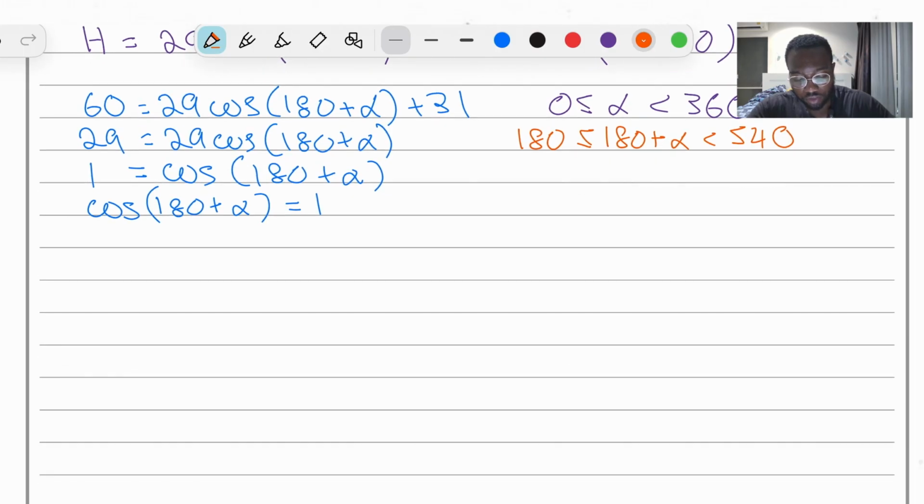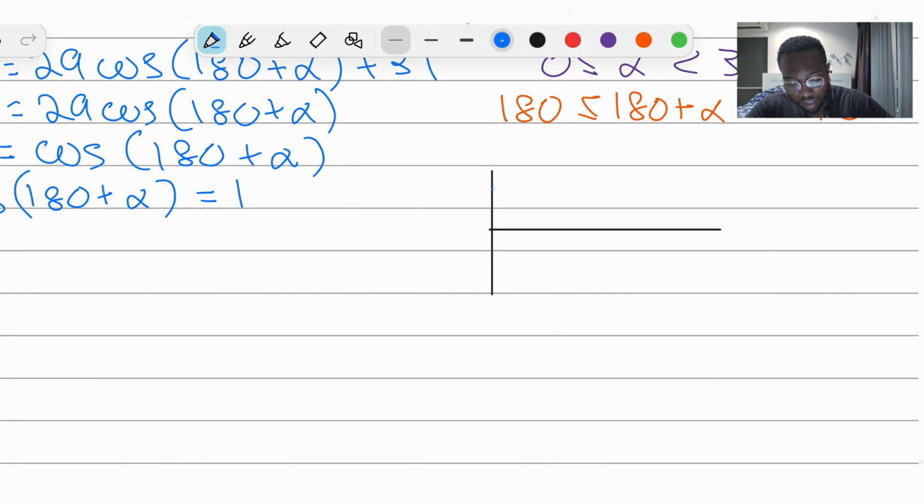Now if I draw a little cos graph here, what do we know about the cos graph? It starts up here, that's when it hits 1, and then it goes down through 90, 180, 270, then 360. Let me make it more symmetrical, and then it goes back down and just keeps repeating.